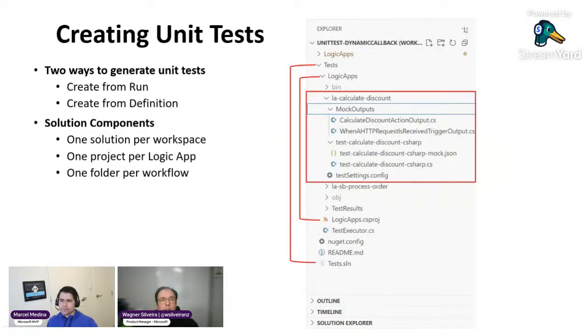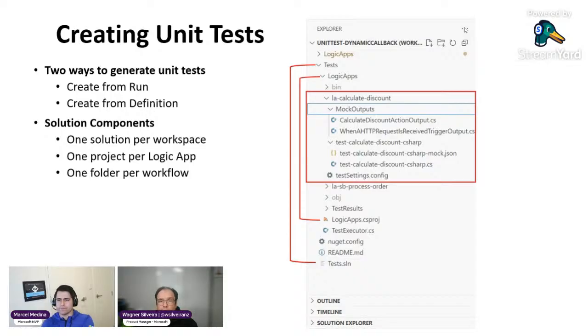When you create a unit test in one of those two cases, what we do is create a new solution inside that workspace. Since the workspace can have multiple Logic Apps applications, and now that we allow multiple of those projects to be created, you have one project per Logic App application.